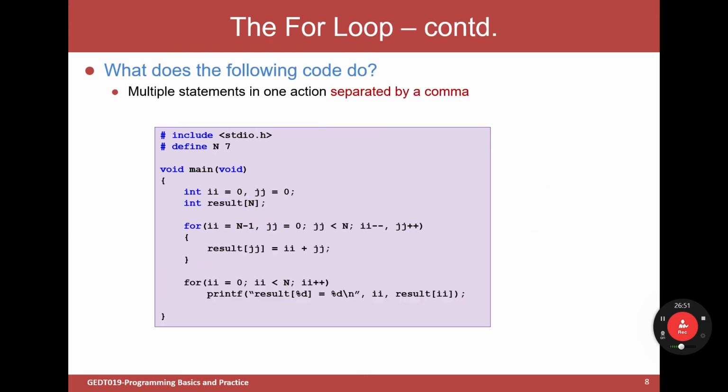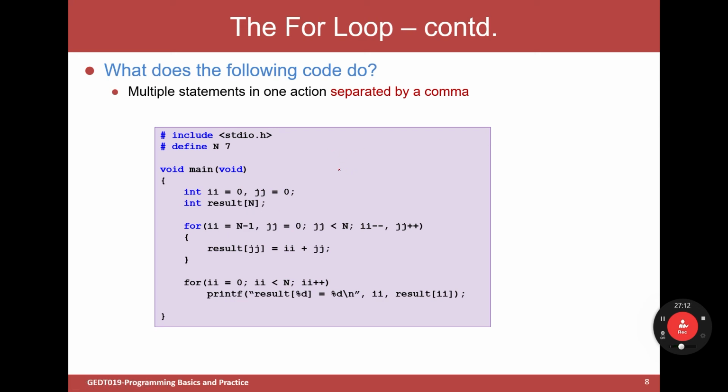Okay, now here is another example. I want you to check here. This is an array, and this array is empty at first, and it contains 7 elements. Okay, this array contains 7 elements.